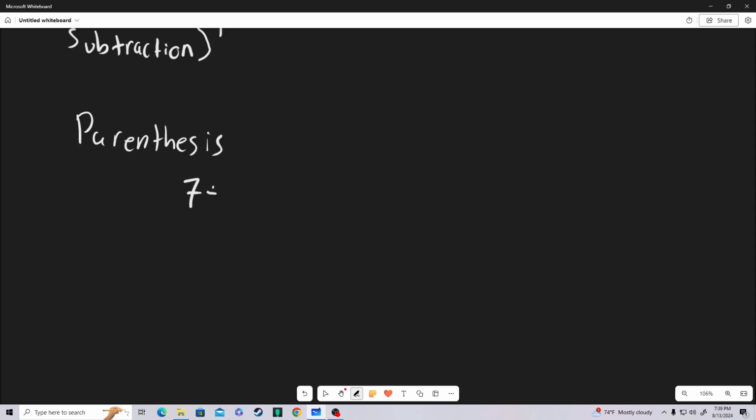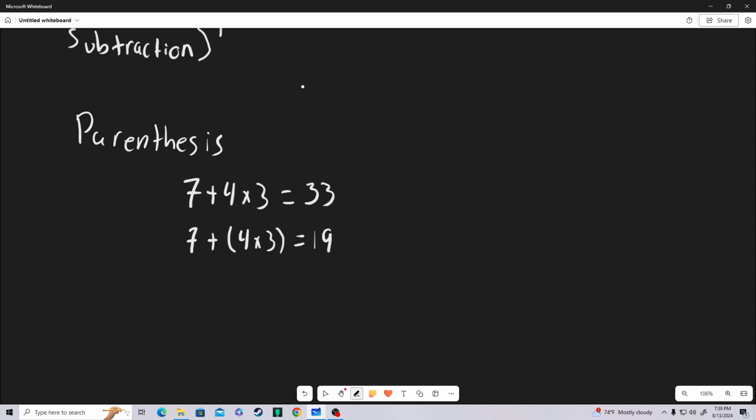So if we just have 7 plus 4 times 3, and we just evaluate this with no parentheses, 7 plus 4 is 11 times 3. 11 times 3 is 33. However, if we have 7 plus quantity 4 times 3, we're going to evaluate what's in the parentheses first. So 4 times 3 is 12. 7 plus 12 equals 19.